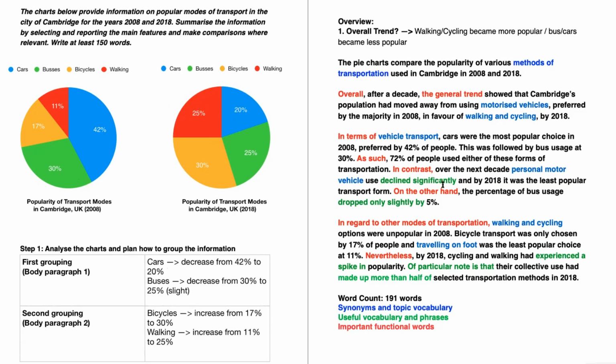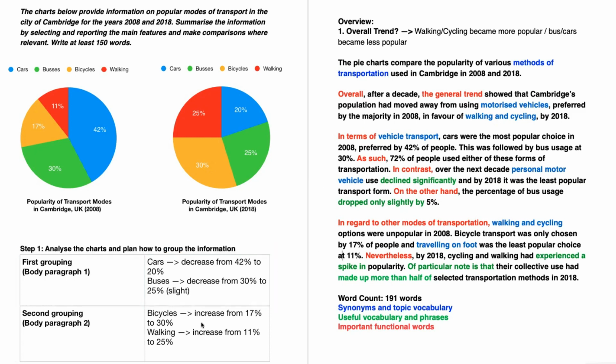So it is a significant decline. Then, on the other hand, the percentage of bus usage dropped only slightly by 5%. And that is exactly what we saw here and what I wanted to write in my notes. So declined significantly is great when talking about a large decline. Slightly is great when you want to do the opposite.